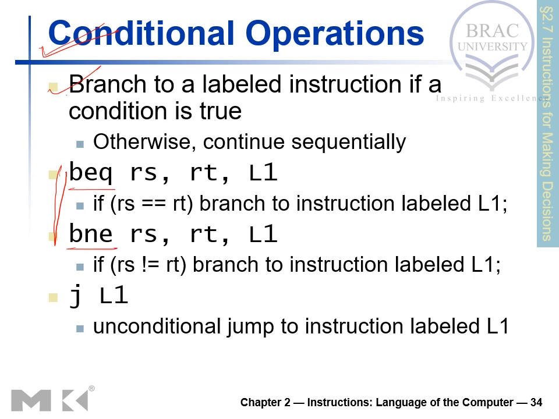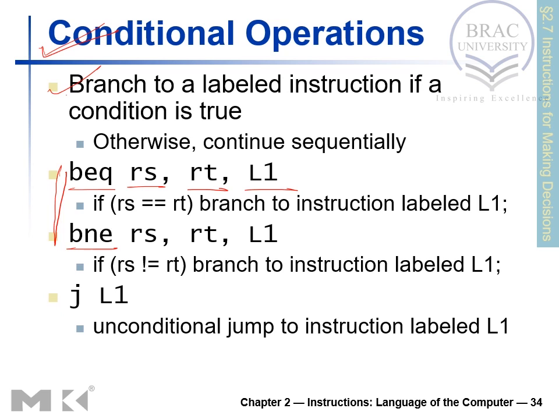Let's see the branch equal to instruction. In branch equal to, RS and RT are compared. If they are equal, then the pointer goes to L1, that is, it branches to a memory position L1. This is just a label which is actually a memory location.